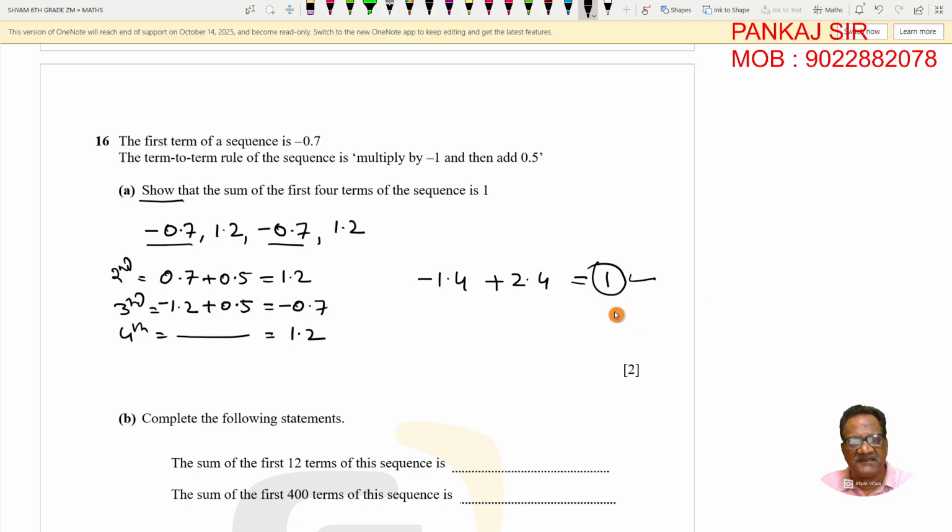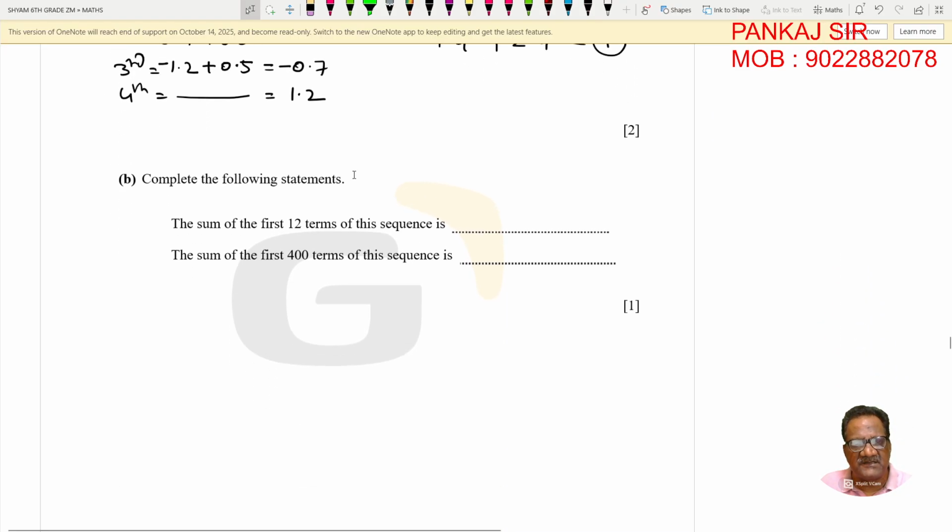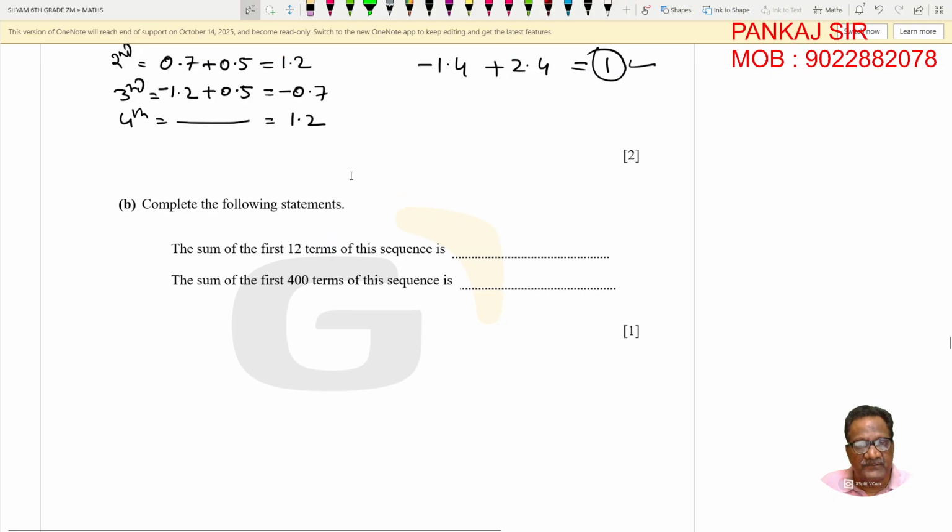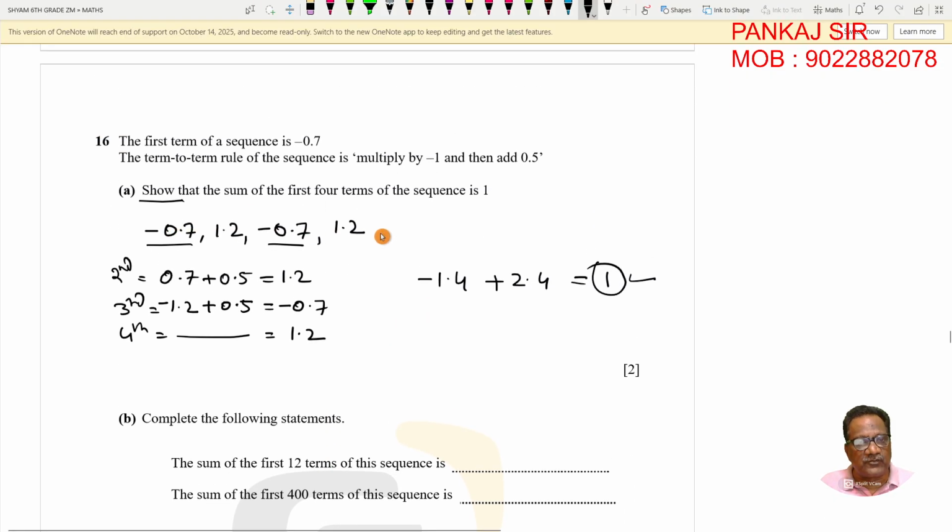That is done. Now what is the B part of the question? The B part says: what is the sum of the first 12 terms of this sequence? See, now we came to know that the terms are going to go this way only. The first term, third term, fifth term, seventh term, and ninth term, all these odd terms are going to be the same, minus 0.7.